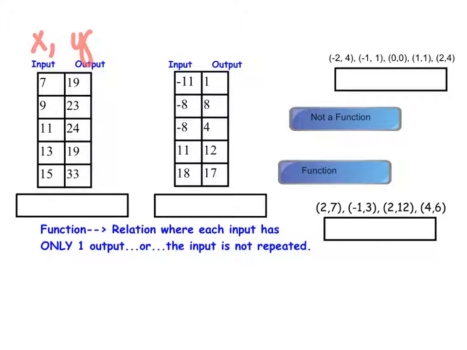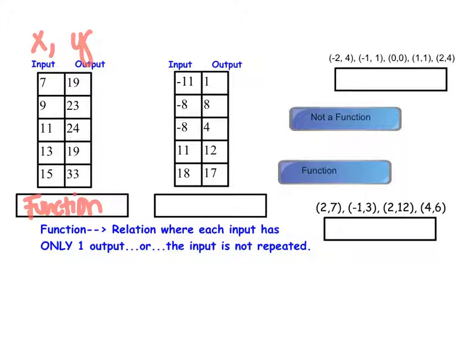In order for this relation, this set of ordered pairs, to be a function, each input must have only one output. 7 has an output of 19. 9 has an output of 23. 11, 24. 13, 19, 15, and 33. So each input had one output. I didn't hear anything repeated. So this is an example of a function.